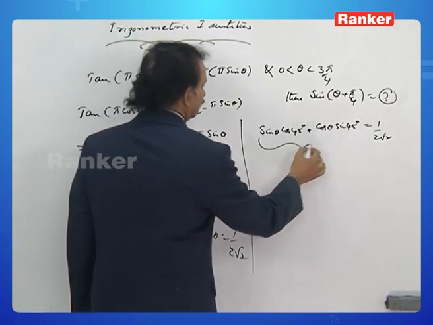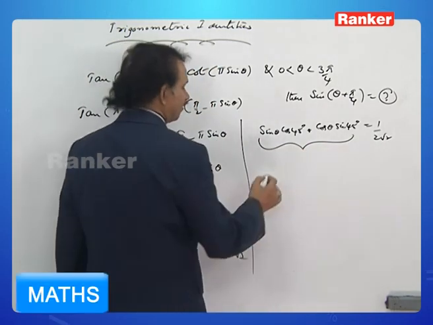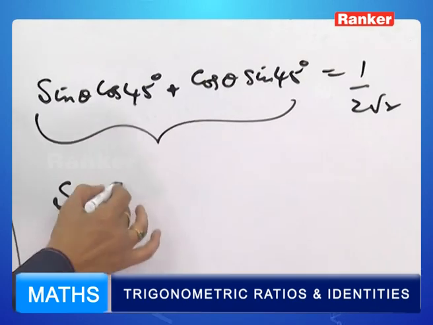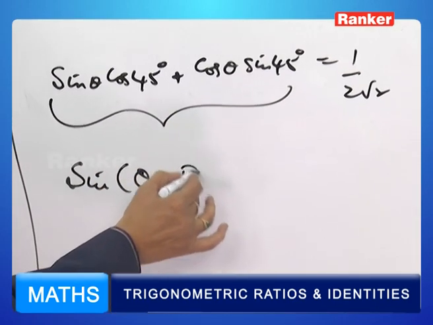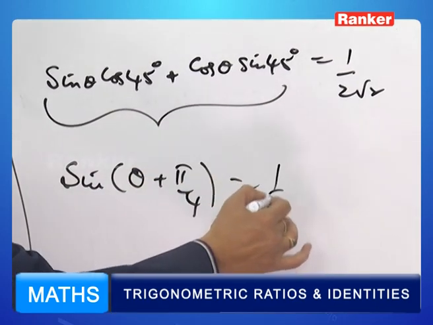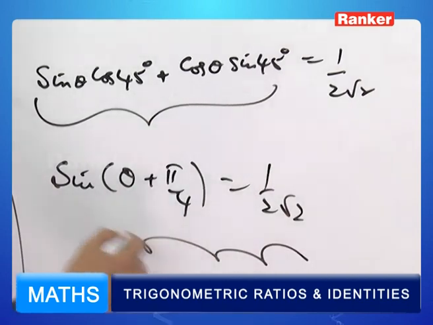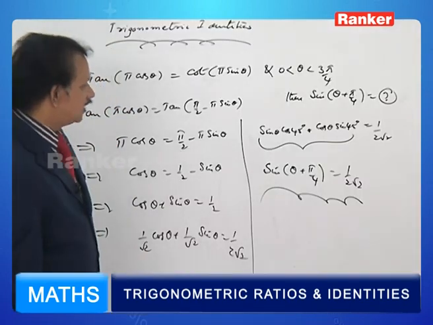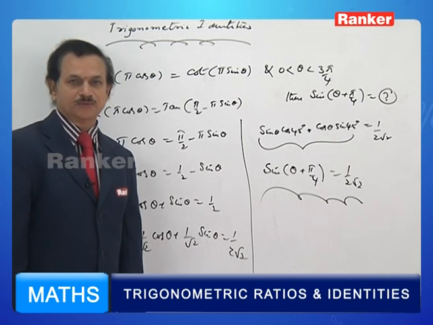What about this? It's just nothing but sine of theta plus 45 degrees, or theta plus pi by 4, is 1 by 2 root 2. So this is the required one. What is the value of sine of theta plus pi by 4? 1 by 2 root 2.